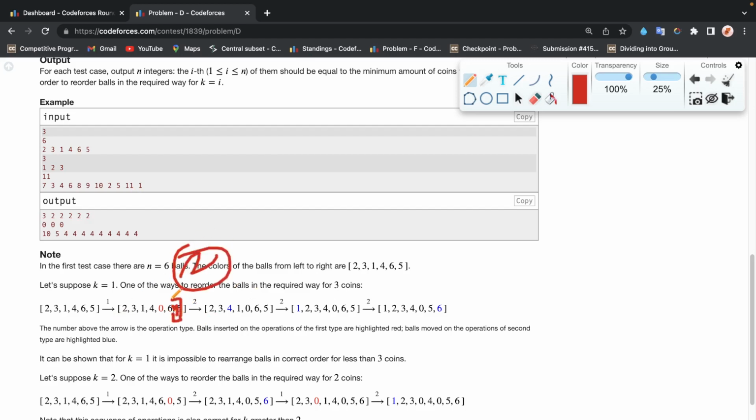If this was sorted, this position. Okay, so if I say this one moves two gaps, these move two gaps.